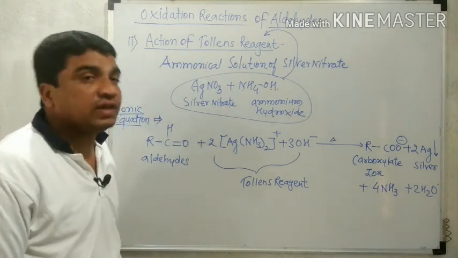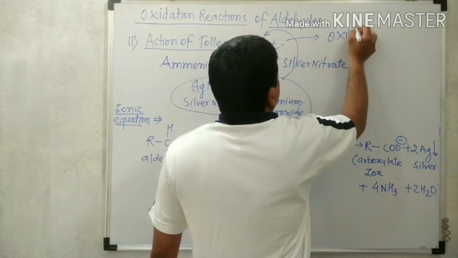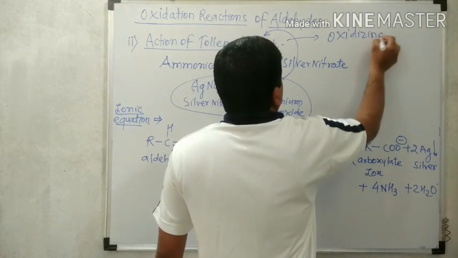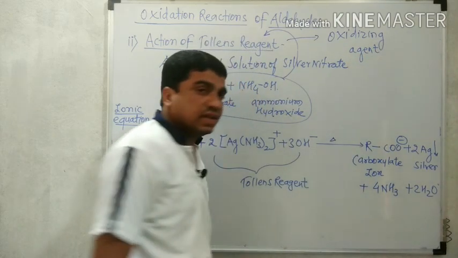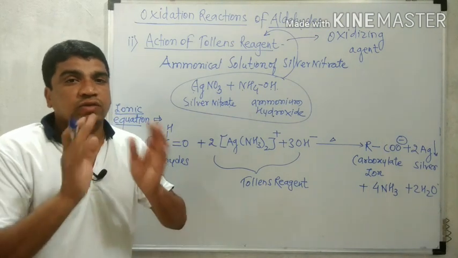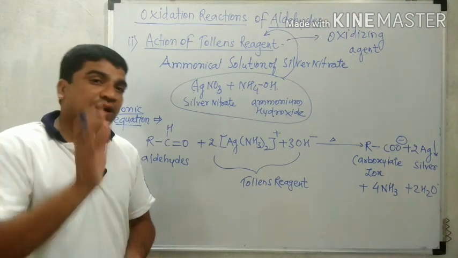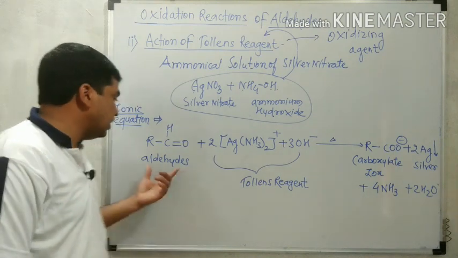And what is the Tollens reagent? Tollens reagent is also an oxidizing agent, like Fehling's solution. So what is the role of Tollens reagent with aldehyde? Tollens reagent oxidizes aldehyde.